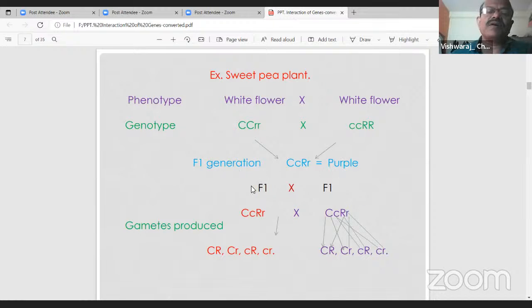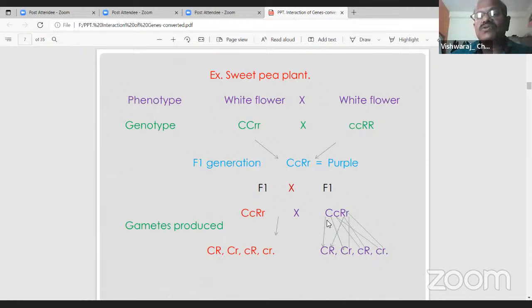This purple color is again crossed, F1 into F1. The gametes here are capital C, capital R, small r, and capital C, capital R, small r. Each has the same genotype, and they produce similar gametes.